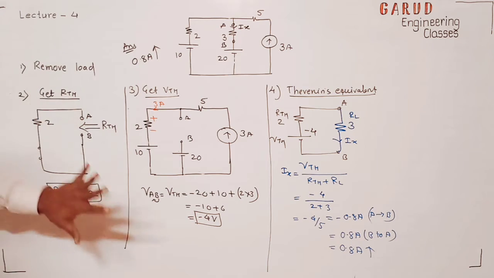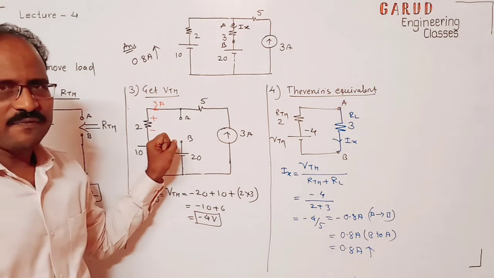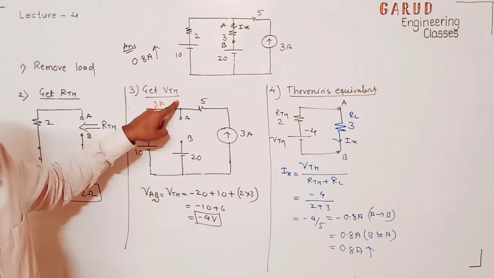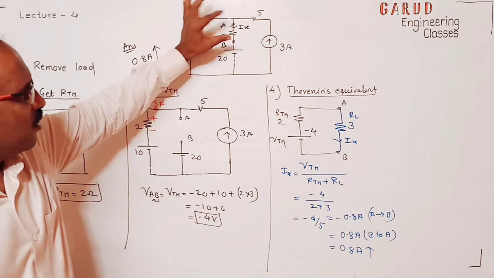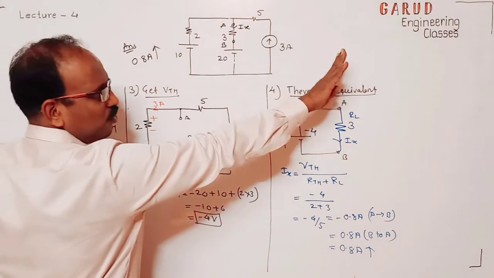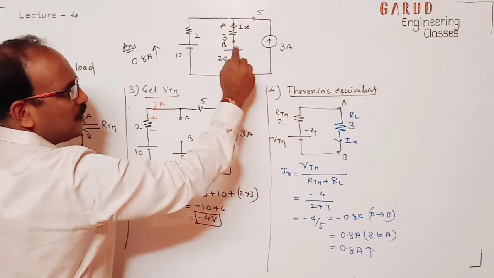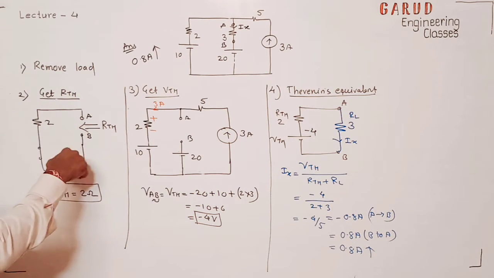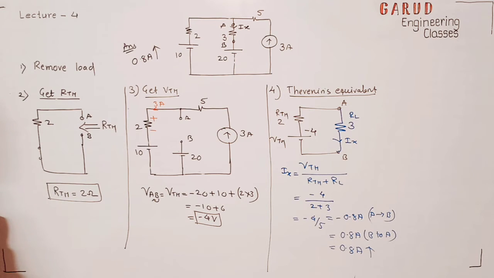Okay? And for the remaining circuit, this is remaining circuit after removing part, find RTH and find VTH. What is RTH? Across this, kill all energy sources. If we kill this source, the branch will be open. If we kill this will be short. This will be short. So only RTH we got, that is 2 ohm.